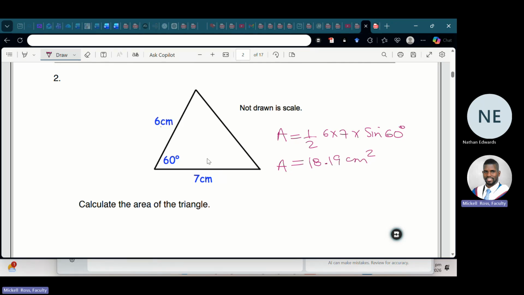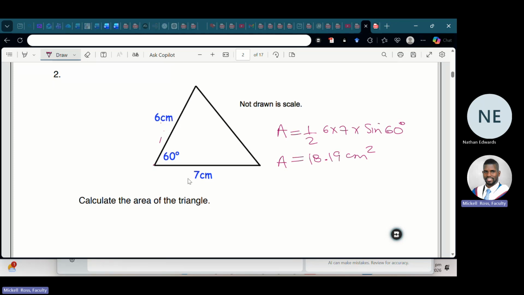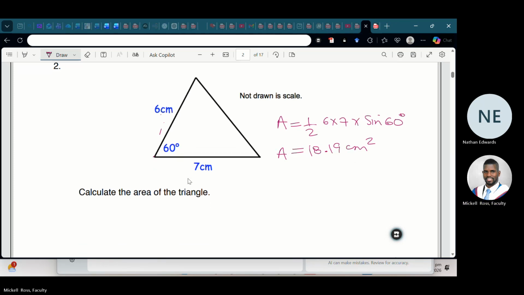So notice here, this side we know, this side we know the length, and where the two sides meet, we know the angle as well. So that's what it means by two sides and the angle between the two sides. All right. So that's how we calculate the area. All right, take off that one, please, and then we look at some other questions.